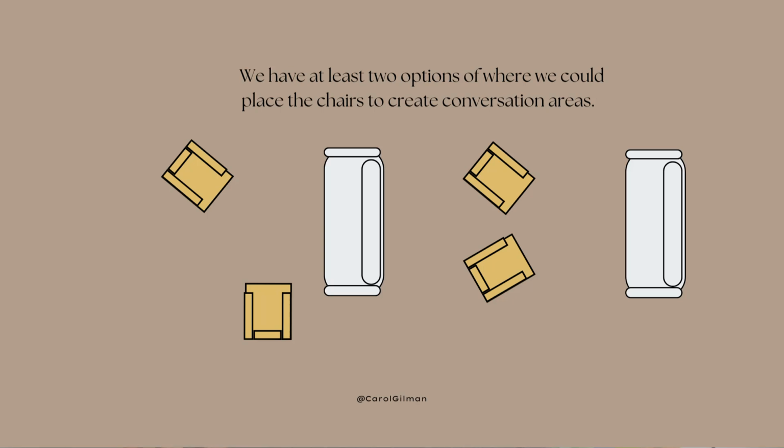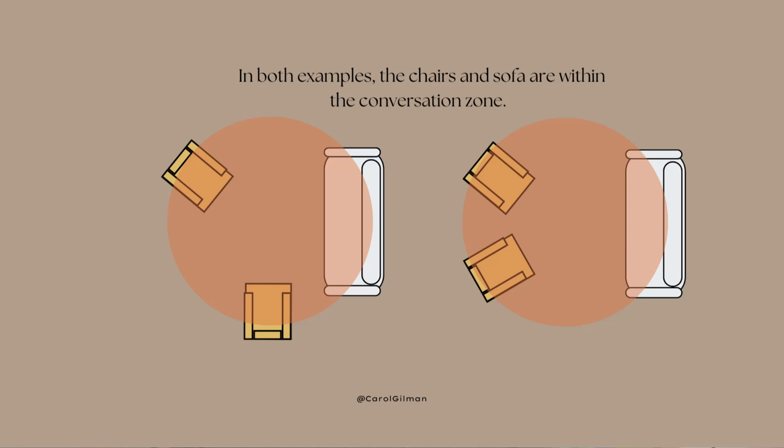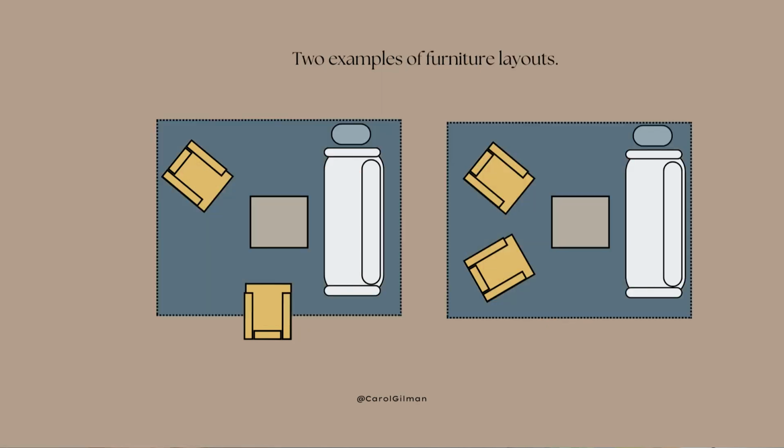We can use that conversation area zone as a way to help us make sure that all of our furniture is close enough. Then after you've figured out where you want your sofa and a chair or 2, then you can place all of the other coordinating pieces of furniture like your coffee table and end tables or plants or lamps or anything else like that.